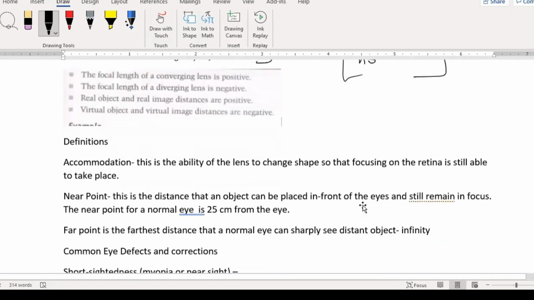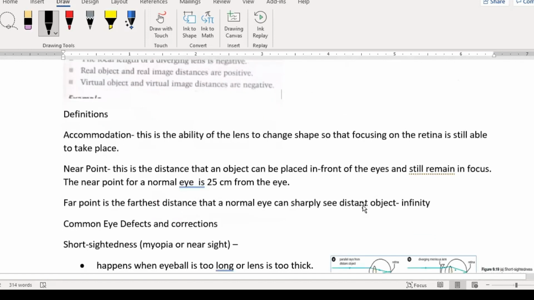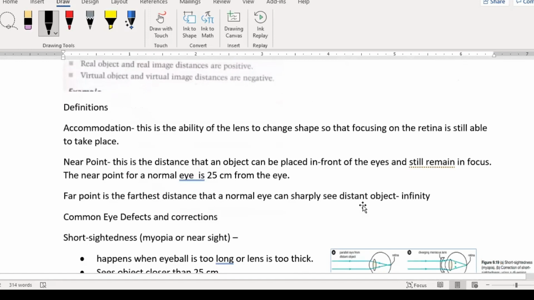Okay. All right, just a few definitions that we should pay attention to. And that starts off with accommodation. It's important to note that the lens in your eyes tends to change its shape to allow light to be focused on the retina.